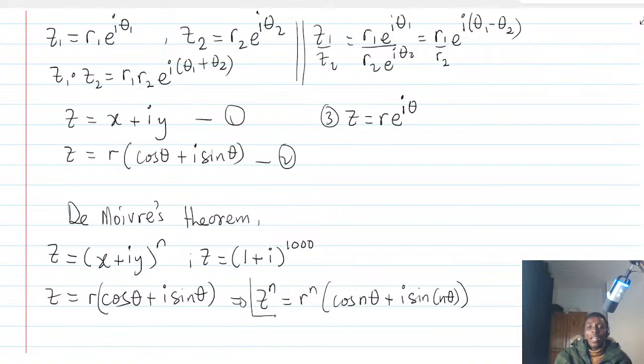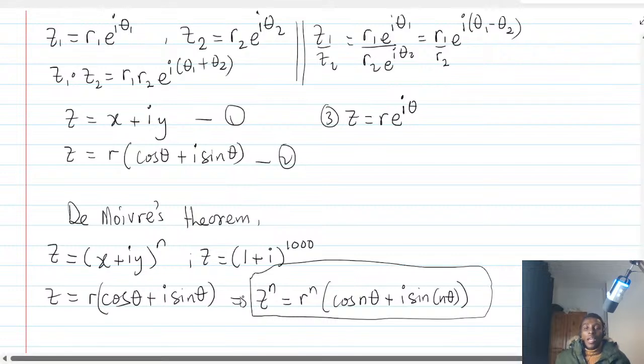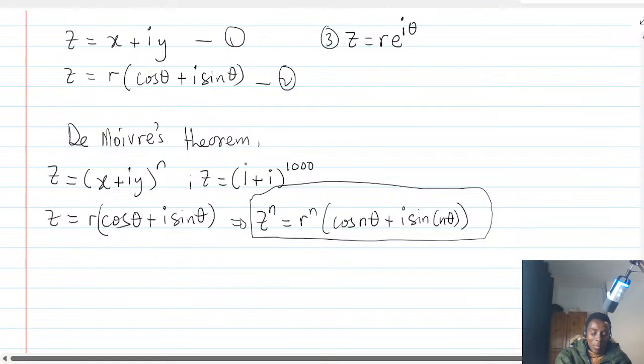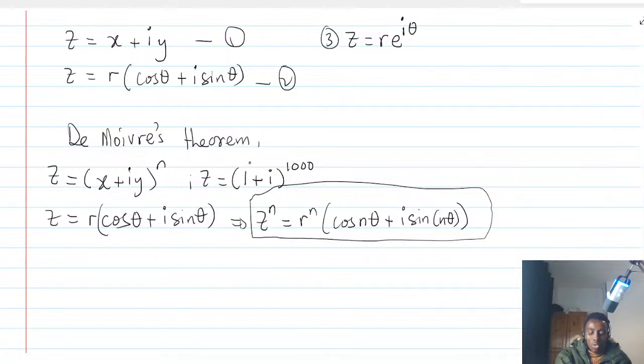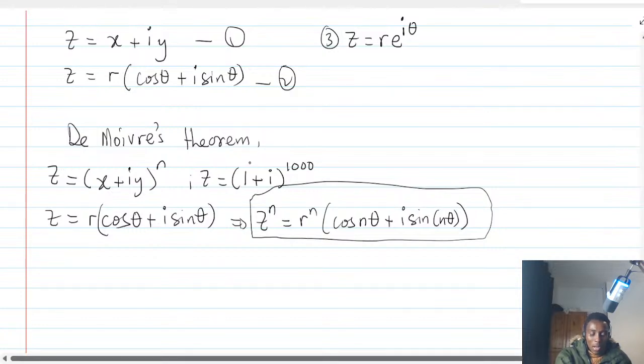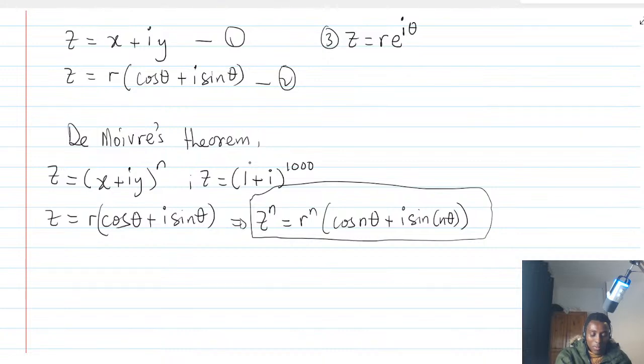Whenever you are given a complex number and you want to find Z^n, for instance, let's say (1 plus i) to the power 1000, it's just going to be Z^n.